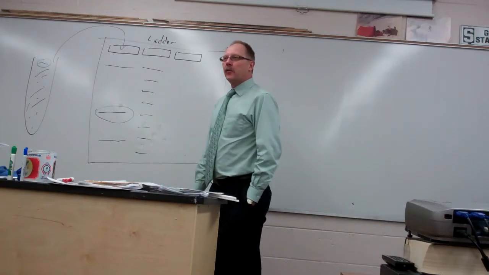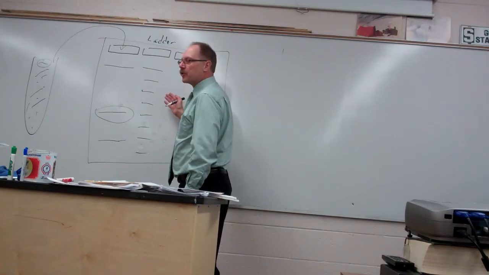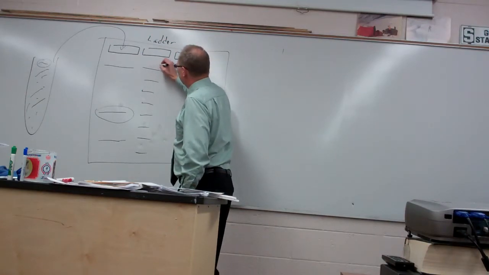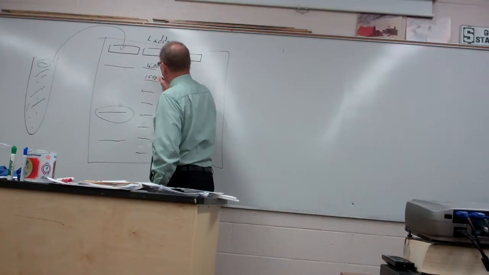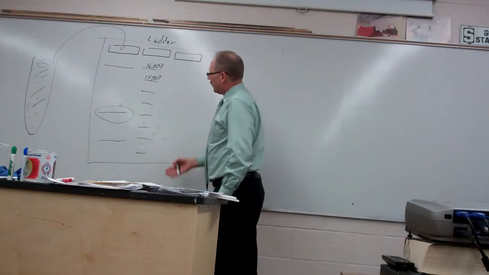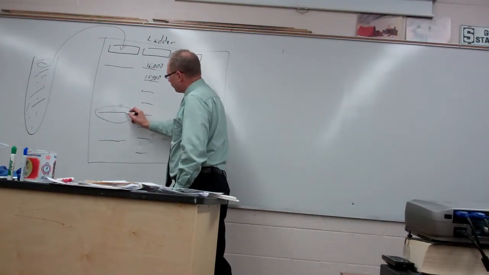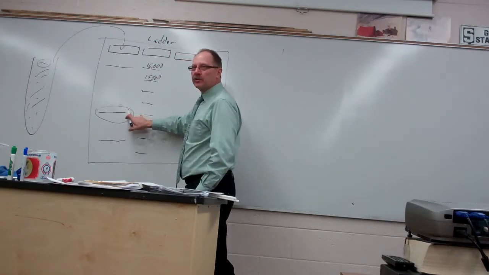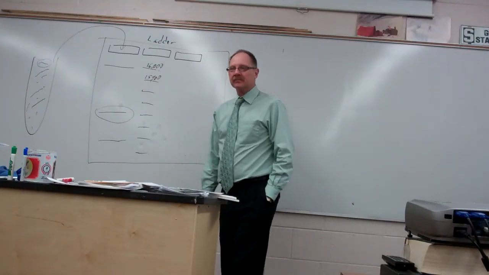If we know what fragment sizes were in our ladder mixture, then we can label them, let's say this is 16,000 base pairs, and this one we know is 15,400 base pairs, and so on. In that way we can come pretty close to determining the length of these fragments.